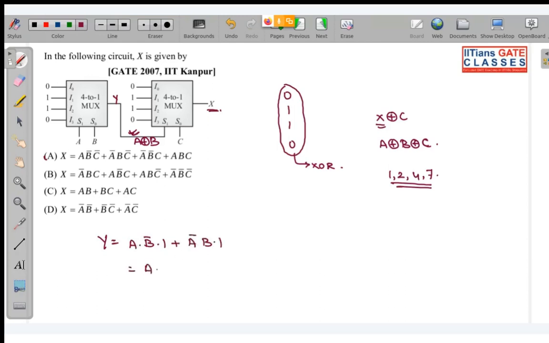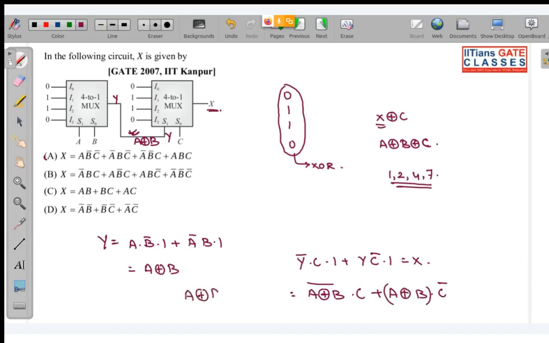So this is A XOR B. So Y is A XOR B. Once again you can see Y complement C dot 1 plus Y C complement dot 1. This is equal to X. So put this, this will be (A XOR B) complement dot C plus (A XOR B) C complement. So you can see this is basically A XOR B XOR C. So after wasting a few minutes, you will be getting option A once again.